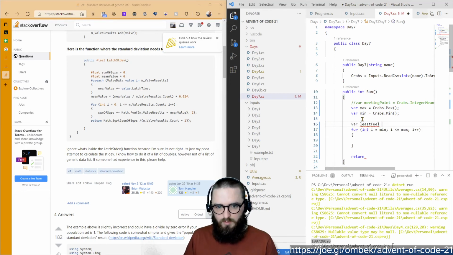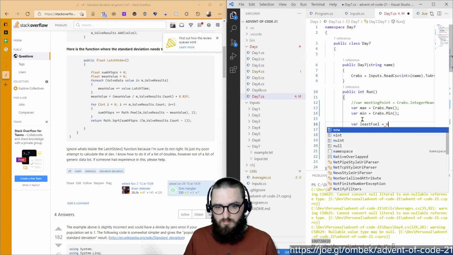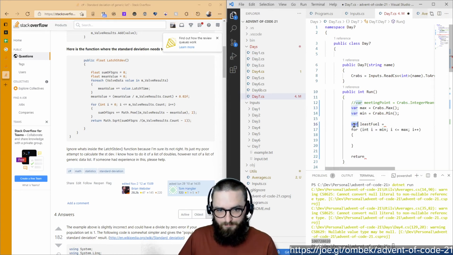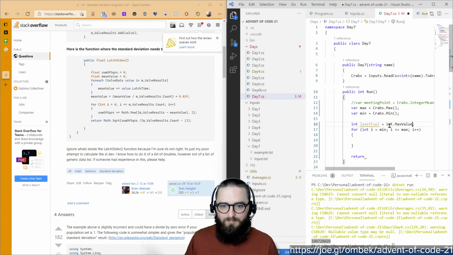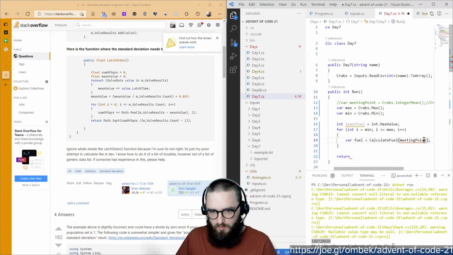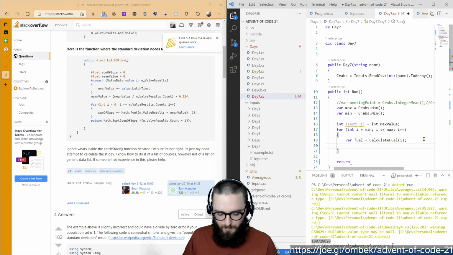Least fuel is, there we go. Var fuel equals calculate fuel of i.